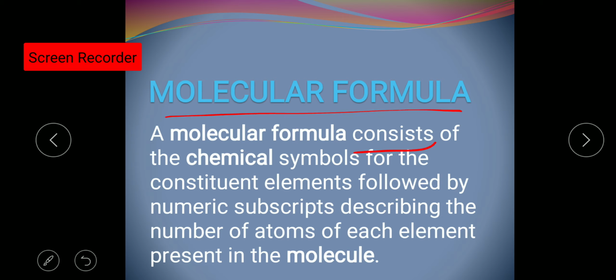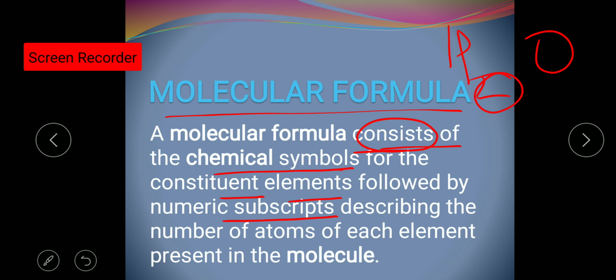Molecular formula consists of chemical symbols. Already you know the symbols of the different elements or the radicals. So a molecular formula will consist of the chemical symbols for the constituent elements followed by their numeric subscript. Like if you are writing H2O, here 2 is the numeric subscript, because it is written below, and it denotes the number of atoms of the respective element in a given compound.